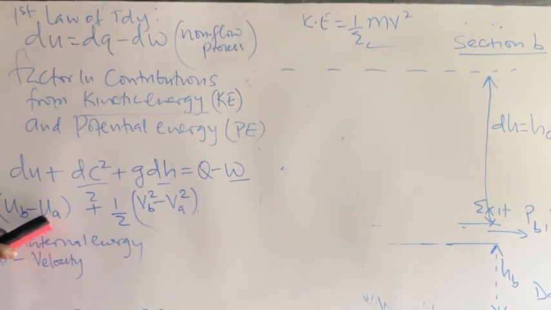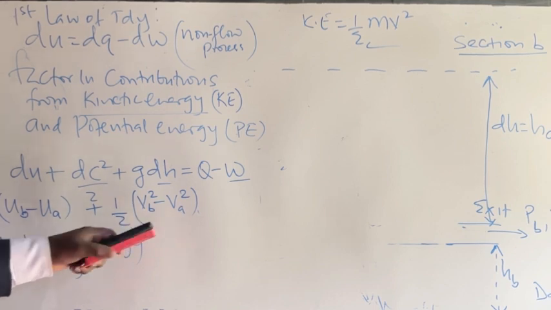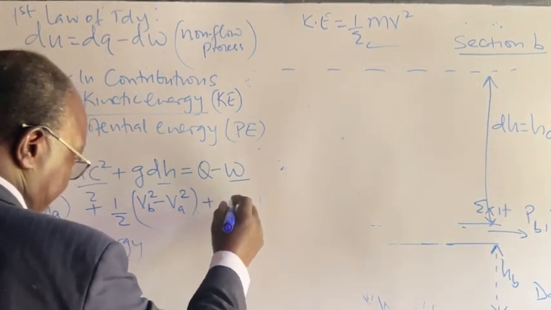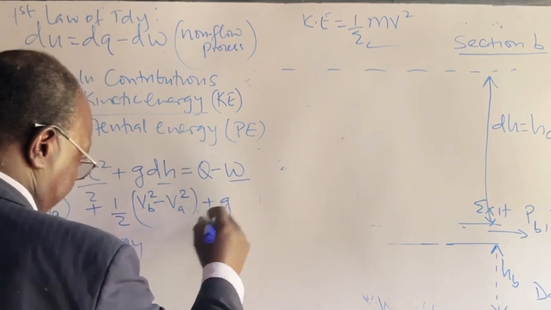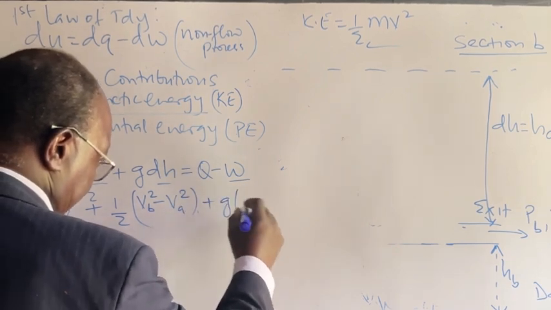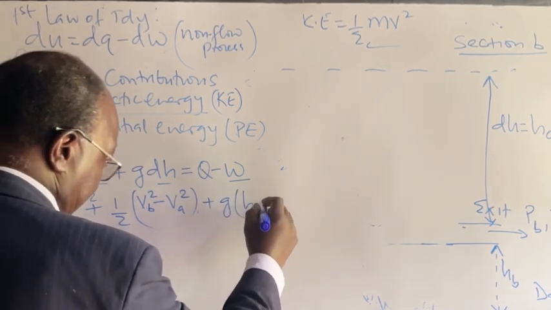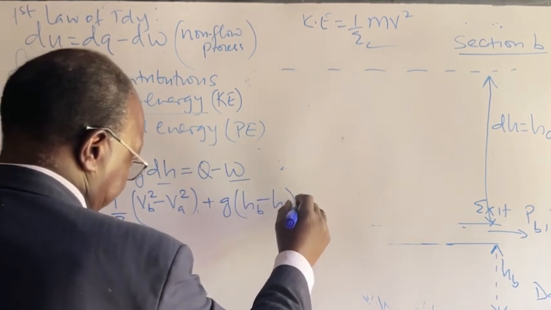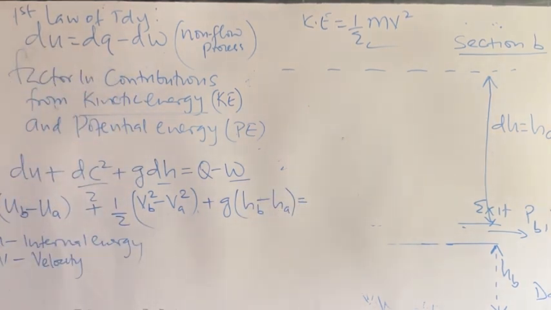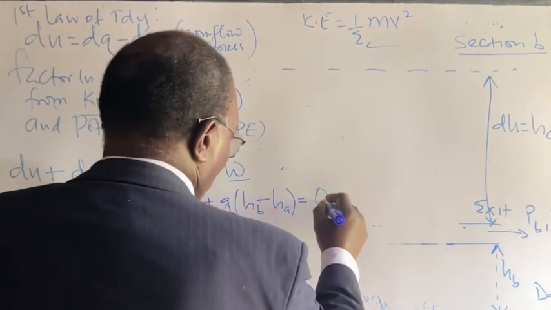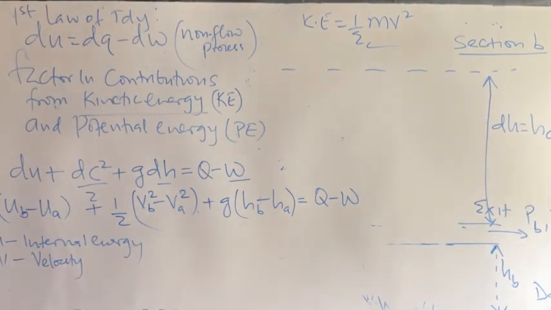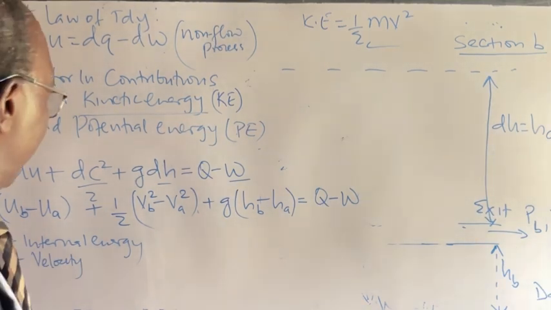And then we now have the expression for the potential energy. So we have for the internal energy, for the kinetic energy, and now for the potential energy it will be g times HB minus HA. That will be given as Q minus W. And remember now, what is our W? Because we're dealing with pressure and volume.